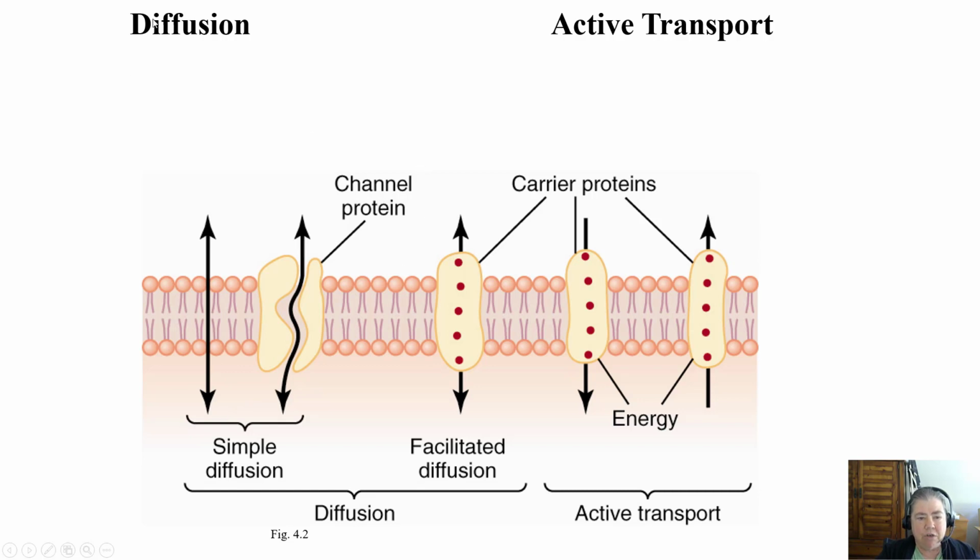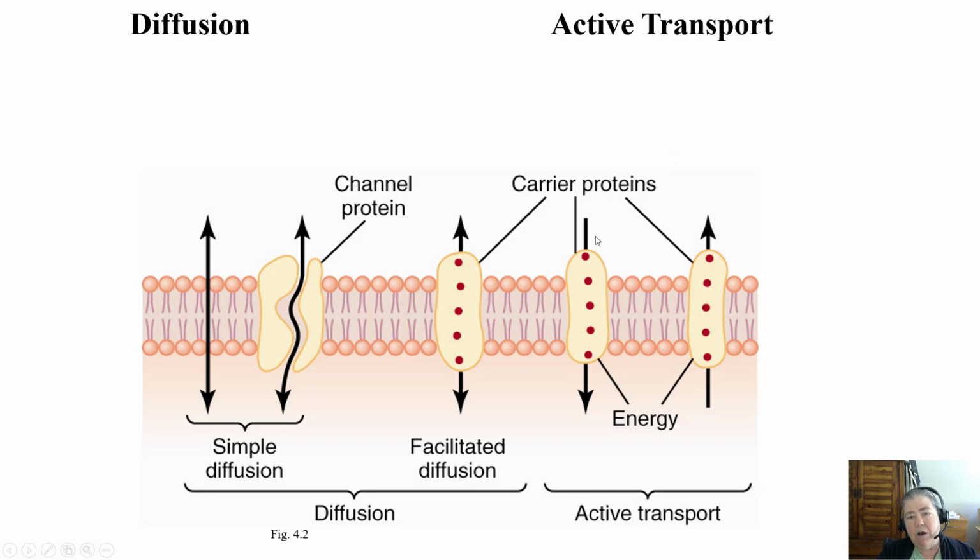There is diffusion that is called facilitated diffusion with certain carrier proteins that don't use energy but simply bind and change conformation when bound to move a substance across the cell membrane. So there's simple diffusion and facilitated diffusion.